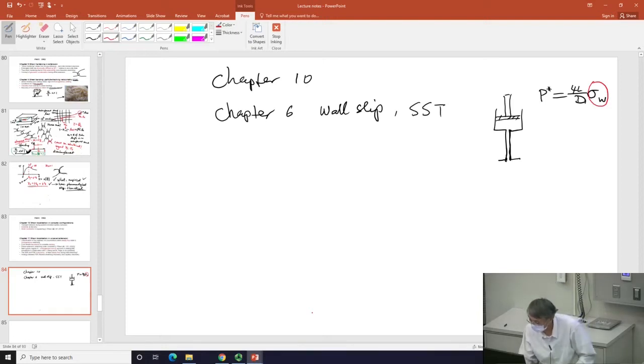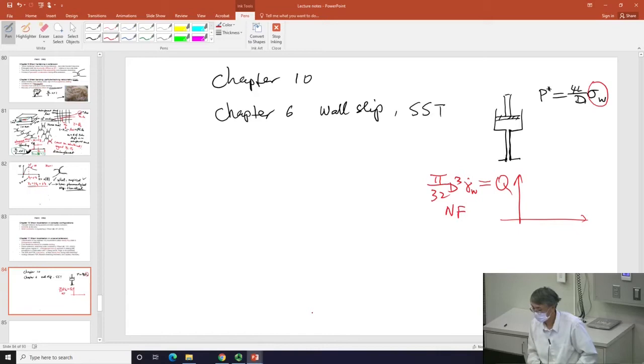So because of that, we find, for a Newtonian material, remember it's 32Q over pi D cubed for the shear rate at the wall, which is fine for us. And there's the pressure, and then the stick-slip transition occurs in this manner over a particular pressure, and that particular pressure, of course, corresponds to a particular wall stress.